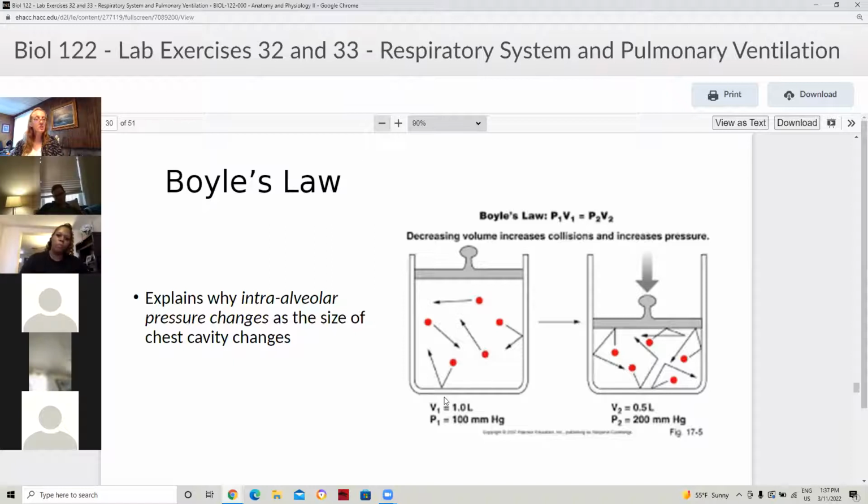Does that make sense? So by decreasing the volume, you increase the pressure, right? That's Boyle's law.